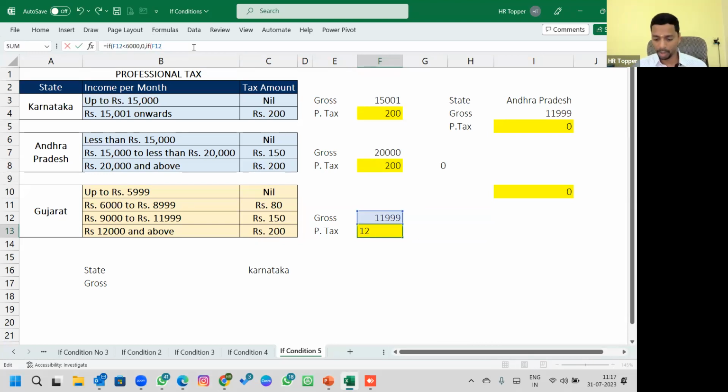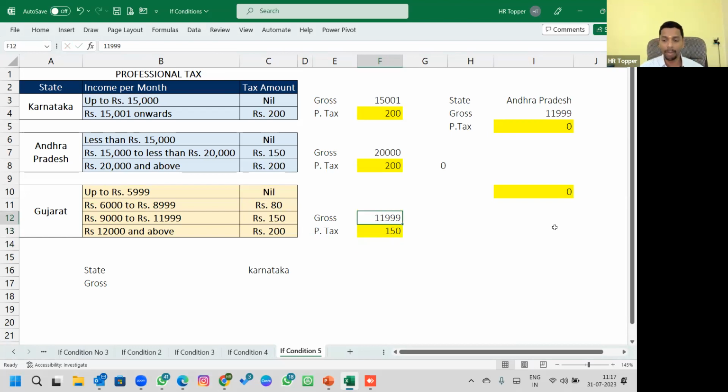If this gross is less than 9,000, then it is 80. One more condition: if this gross is less than 12,000, then give me 150. Now it is the closing formula: or else 200 and close the bracket.